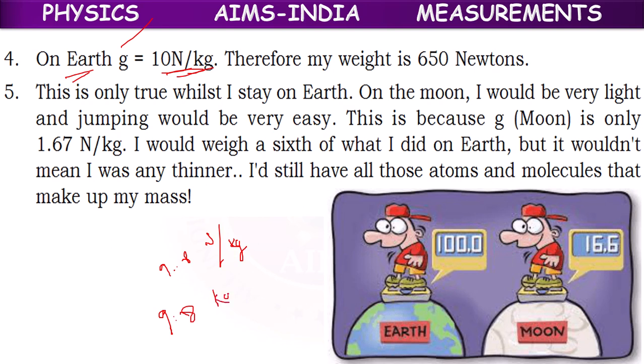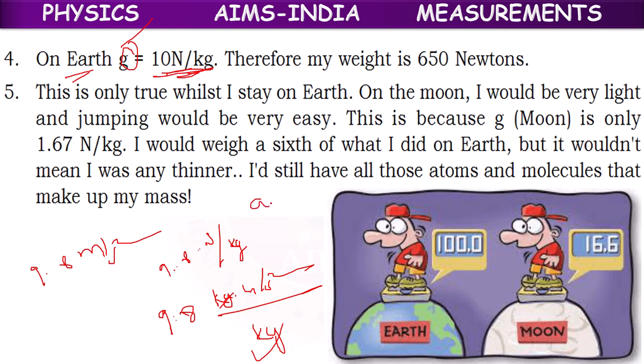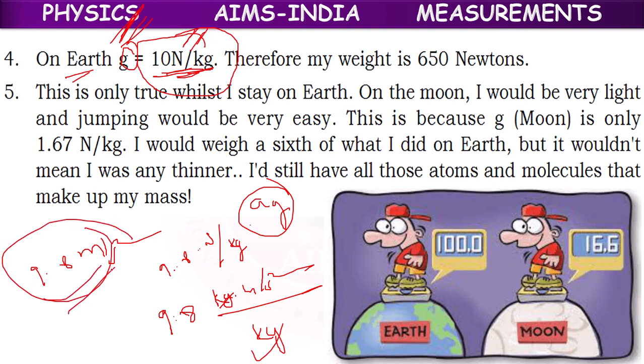Newton, instead of kg meter per second squared, is named as newton per kg. The kg cancels, so we can write 9.8 meters per second squared. So g may be the strength of the gravitational field or the acceleration due to gravity. In both ways we can take it. If we say strength of gravitational field, we use the newton per kg unit, or for acceleration due to gravity, we use the meter per second squared unit.